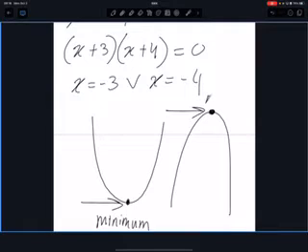Maximum meaning, this specific equation, the frowny parabola, will not have any y values higher than the maximum. The smiley parabola will not have any y values lower than the minimum.